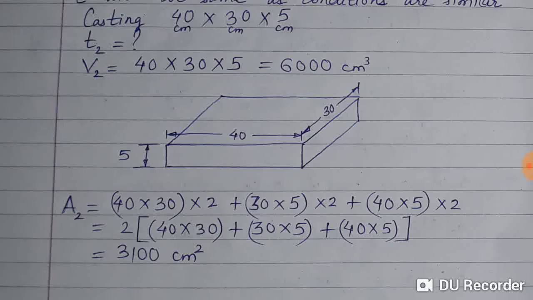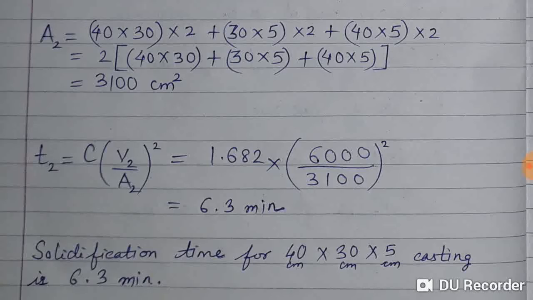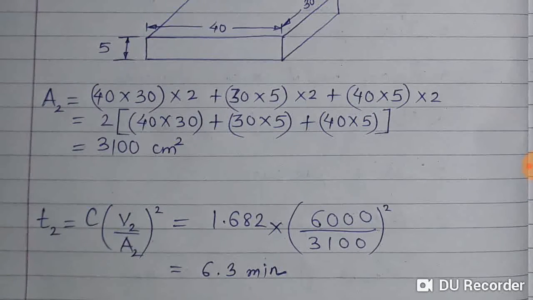So now I have C, the volume of the new casting, and the surface area of the new casting. Using that I can calculate the solidification time for the new casting. The formula is T2 equals C into (V2 upon A2) the whole square.